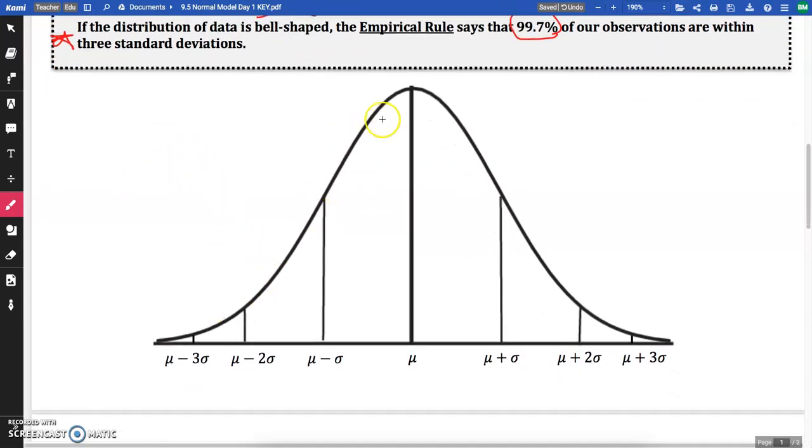So here's a normal curve. Symbols down here: the mu, which looks like a funny looking U, is just a symbol for the mean. And sigma, we've seen before, is a symbol for standard deviation.